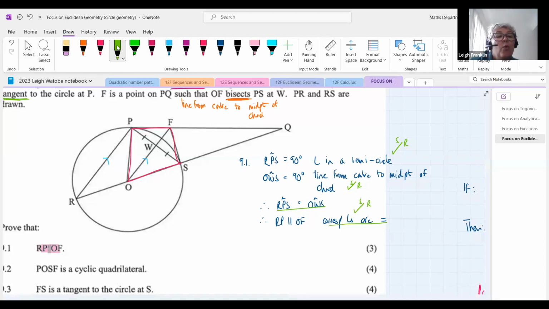So I'll tell you what, if we call this one X over here, we know that that's X. Is there anything else that could be equal to X, now that we know that those lines are parallel? Cassandra's saying OPF equals OSF. Why? Why does that equal?